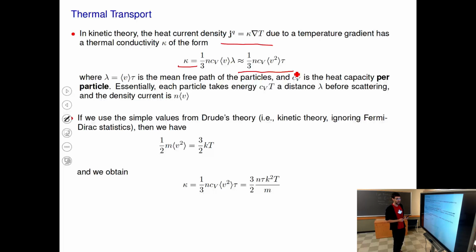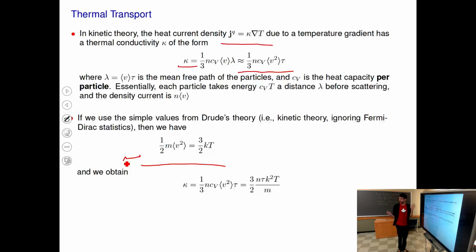Okay, so let's first apply the classical kinetic theory of gases and try to work out what this kappa is. So classical theory tells you that the average energy per particle is just given by temperature, right? We already know that this is completely not true. This average velocity is the Fermi velocity, and so this energy is a Fermi energy.